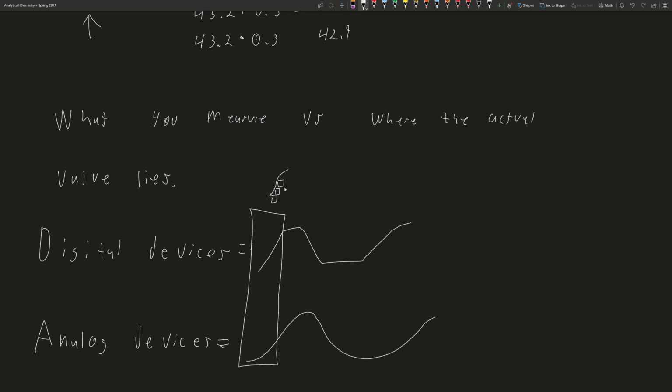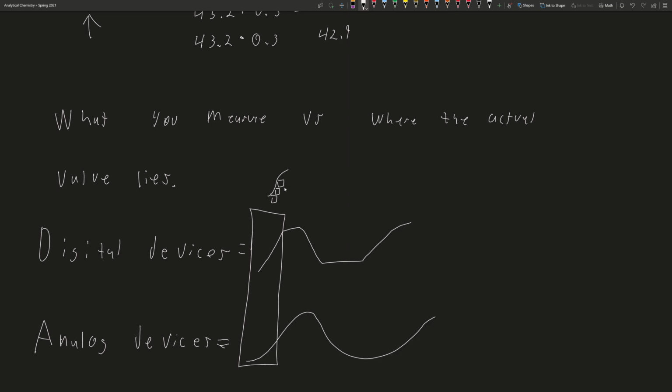An analog device is essentially giving you exactly what is being represented in nature. You're getting an actual representation of what's going on, movement in the actual world, whereas in the digital device you have to do some sort of transcoding where we bring these analog values into a series of ones and zeros.